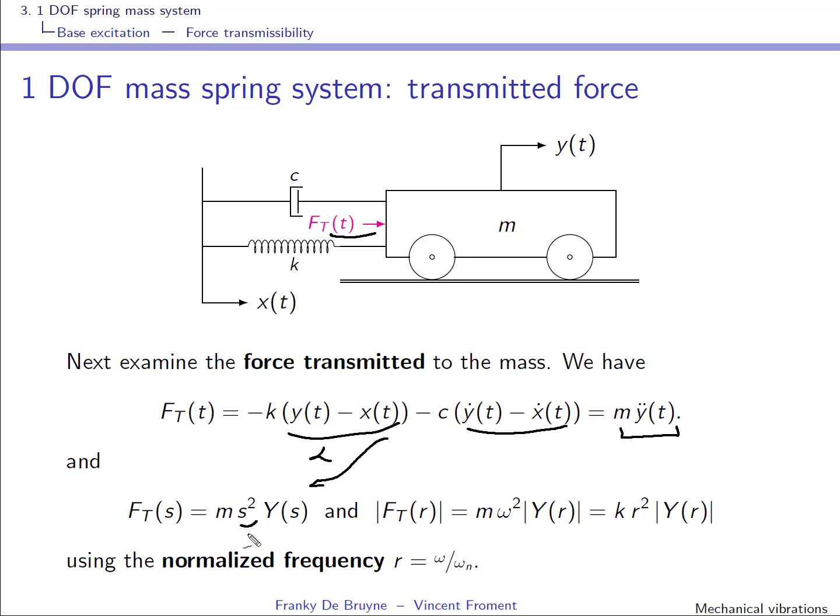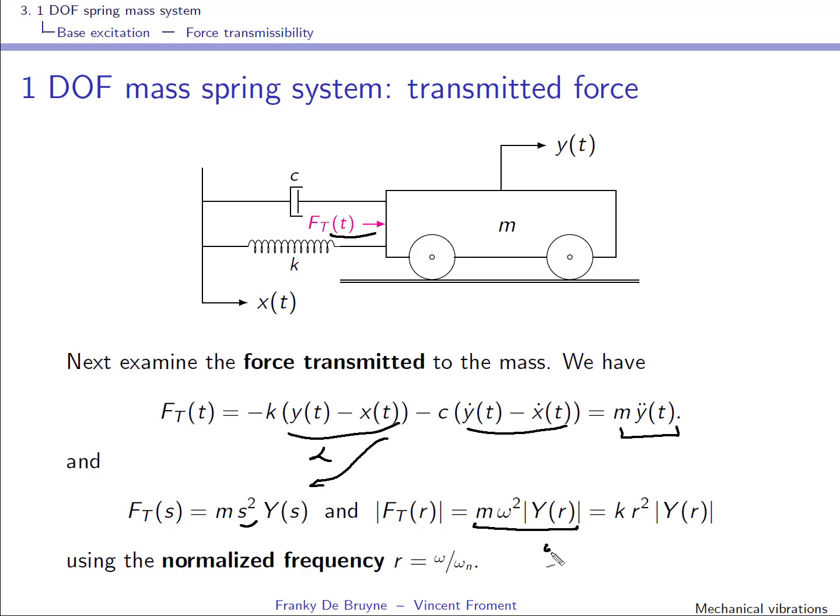Of course, we are interested in the magnitude of this transmitted force, so we replace s by j omega, we take the magnitude, and we obtain this expression here. We want an expression as a function of r.